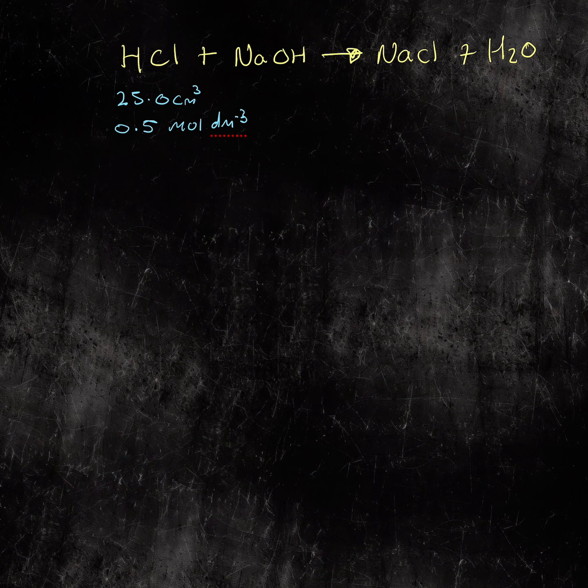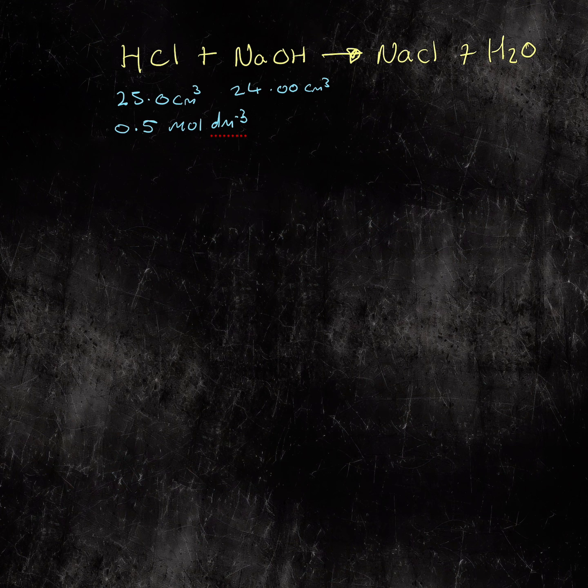Okay, so we know how much sodium hydroxide we used, because that's our mean titre. Okay, our mean titre is how much we used of sodium hydroxide. So we can write that in there, 24.00 cm cubed.